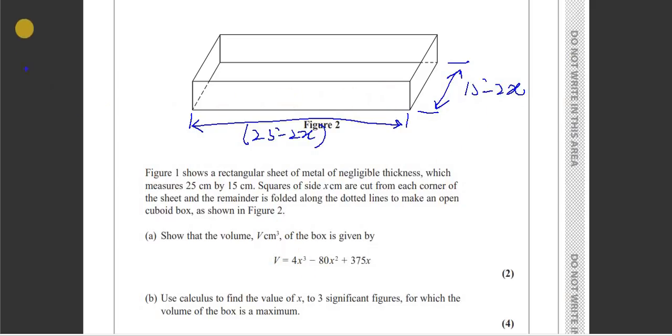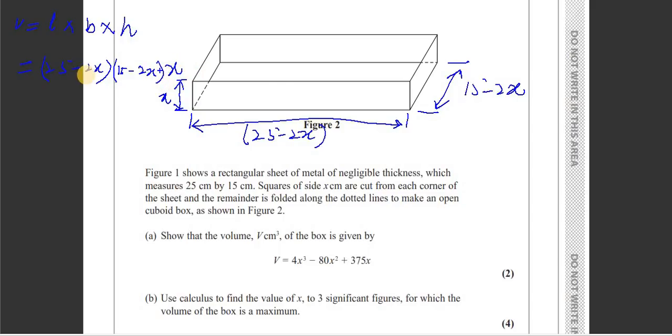Clearly it is a cuboid, and the volume of a cuboid V is length times breadth times height. In this case, length is 25 minus 2x, multiplied by the breadth or width, which is 15 minus 2x, into the height, which is equal to the length of the cut piece, x.